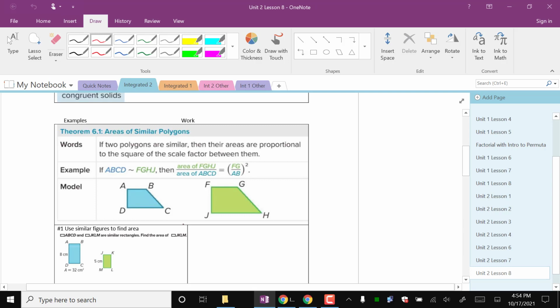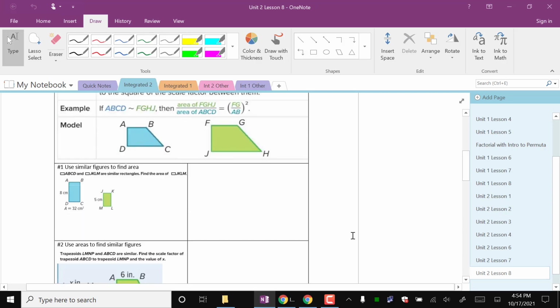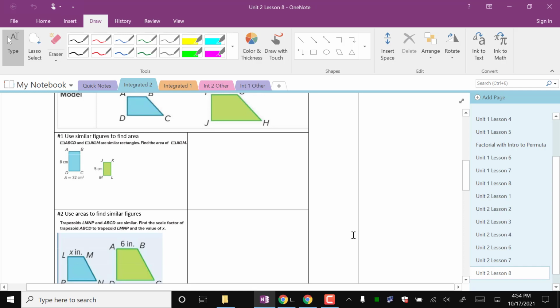So let's take a look at the first one. It says, use similar figures to find the area. We have rectangle ABCD and rectangle JKLM are similar rectangles. Find the area of rectangle JKLM. I'm going to start off with creating my ratio from the scale factor that I have. So I have the area of JKLM divided by the area of ABCD equals.